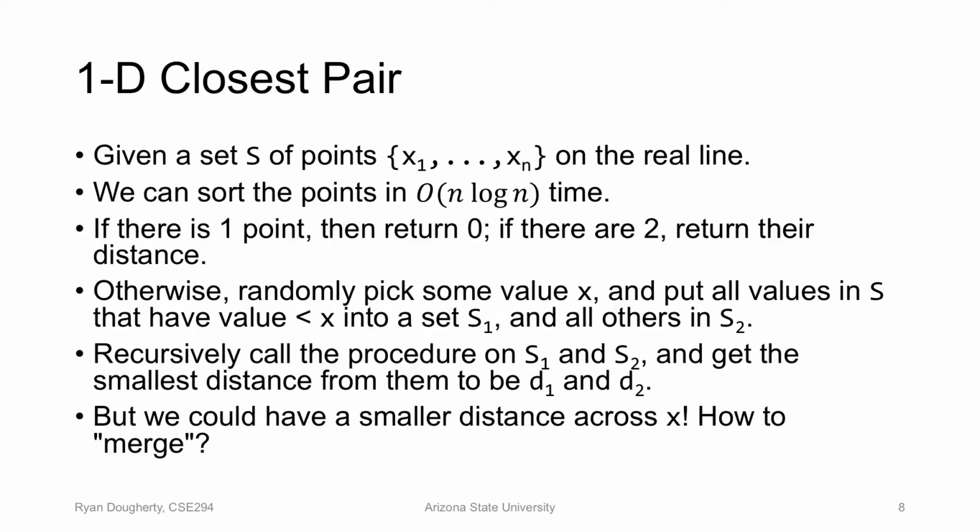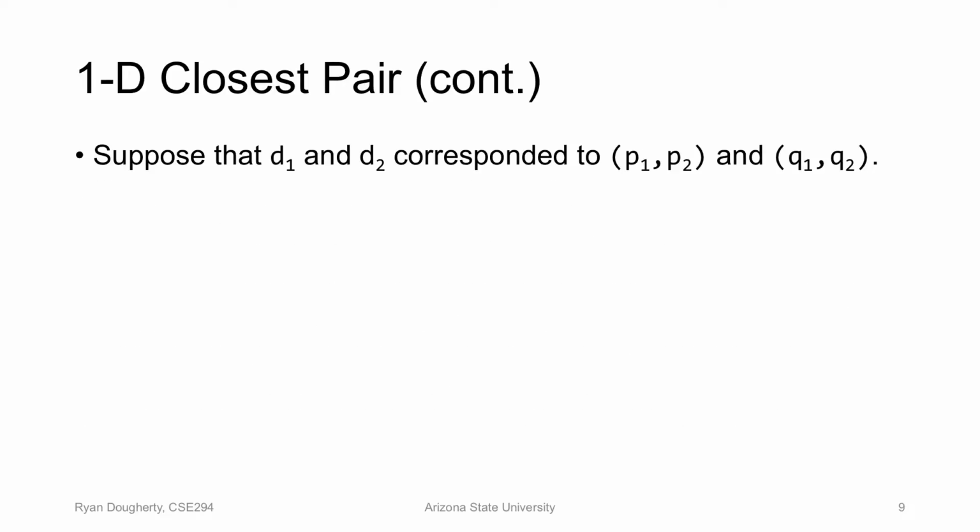So how do we merge them together? Let's say that D1 corresponds to elements P1 and P2, so P1 and P2 are entirely on one side, and Q1 and Q2 are entirely on another side.